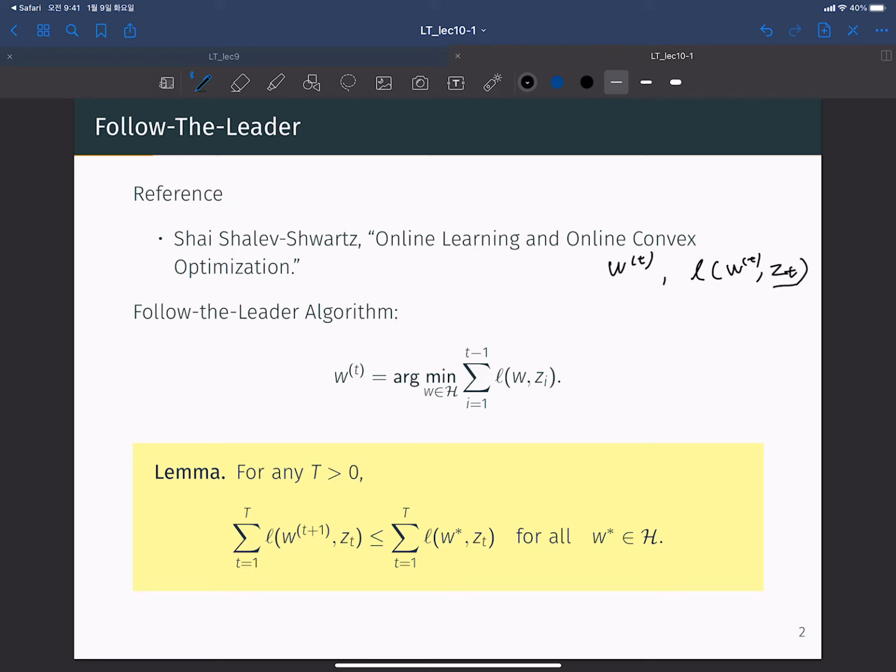Then for the next time we have to choose w_{t+1}. How can we decide w_{t+1} using all the information, w_t and the loss values with respect to z_t from t equal to 1 to the current time slot? We just use a simple rule: try to minimize the loss value up until now.